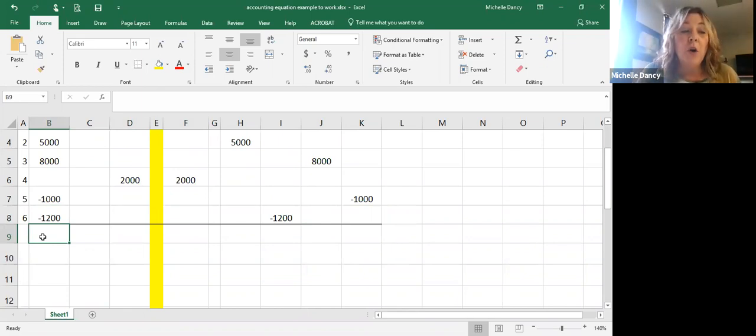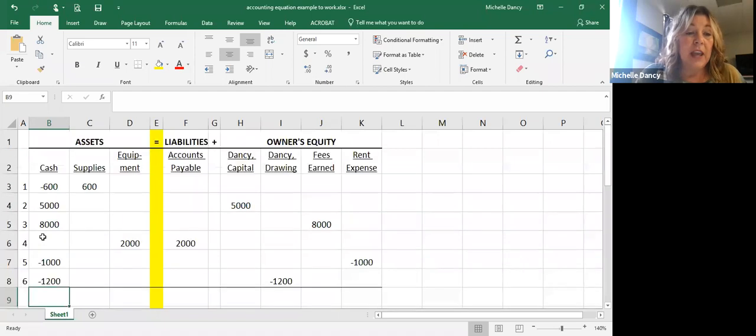We come up with a balance for cash. We've got negative 600, positive 5,000, positive 8,000, negative 1,000, negative 1,200. And that's going to give me a balance in cash of 10,200.